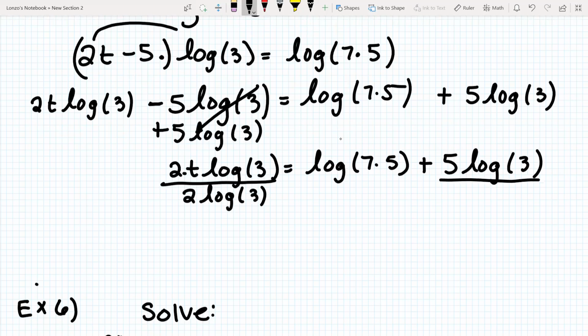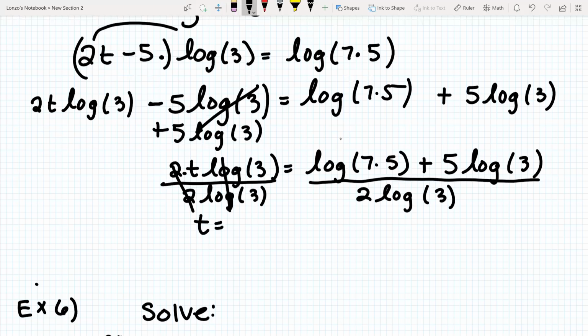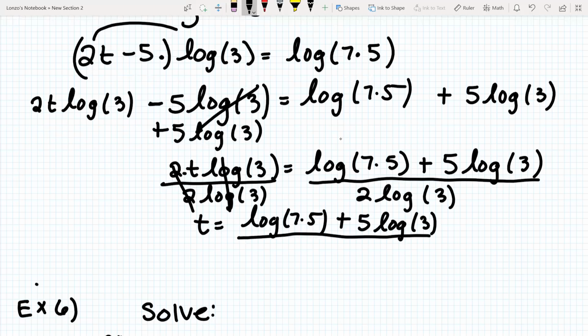Do it on both sides, so this would be 2 log 3. Now this cancels, so you're just left with t equals log of 7.5 plus 5 log of 3, all over 2 log 3. When you put this in the calculator, be careful. You can't just put it exactly like this.